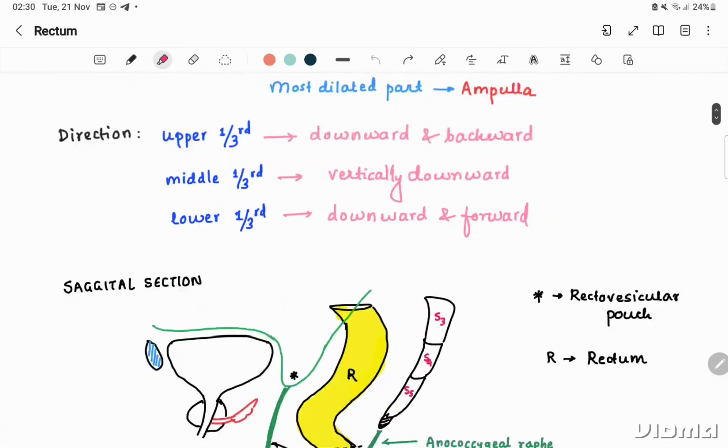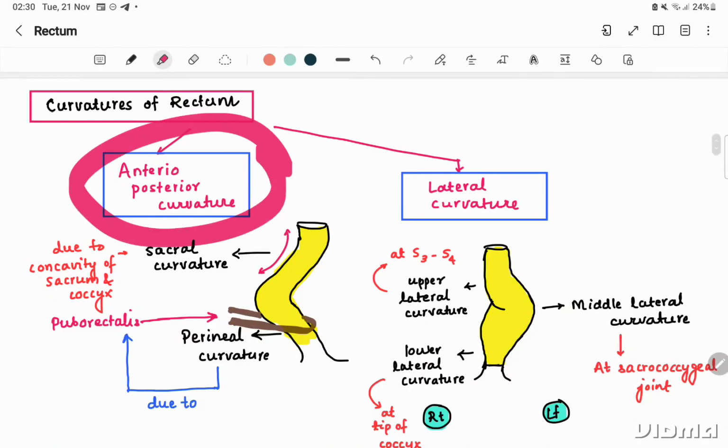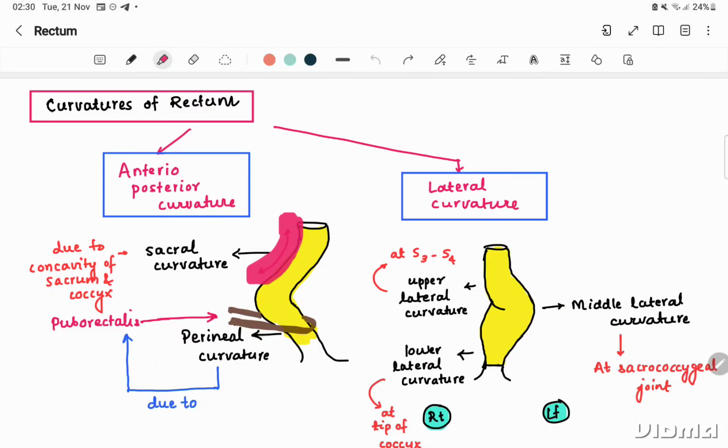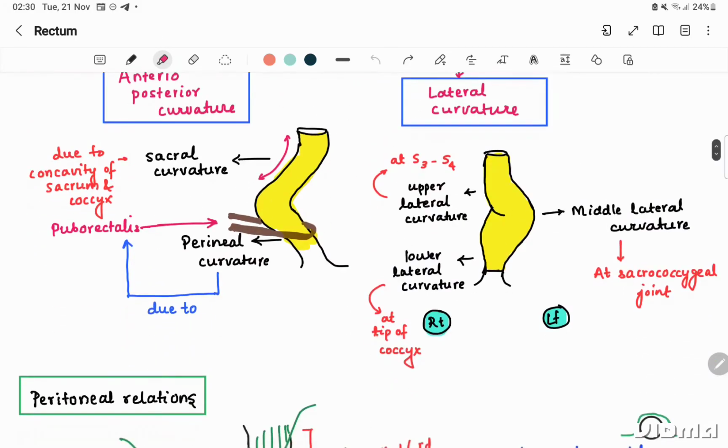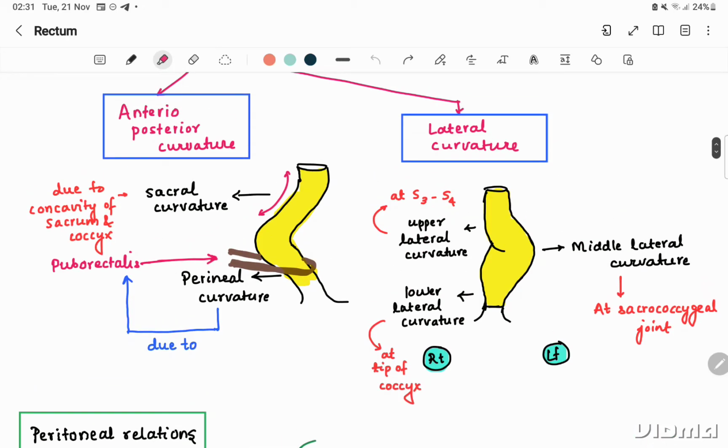Now let's talk about the curvatures of the rectum. So we have the anteroposterior curvature and the lateral curvature. In the anteroposterior curvature, we have the sacral curvature and the perineal curvature. The sacral curvature is due to the concavity of the sacrum and the coccyx.